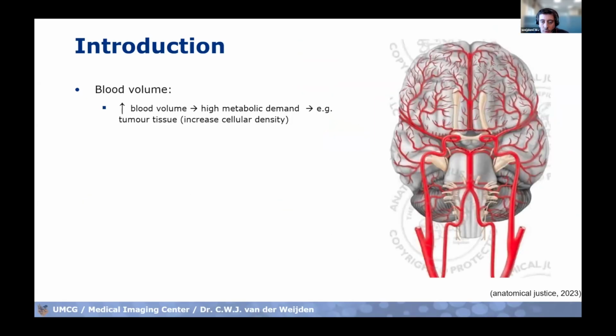Blood volume tends to increase when tissue has a higher metabolic demand and decrease upon reduced metabolic demand. Hence, blood volume is often increased in tumor tissue as an increase in cellular density causes an increase of metabolic demand, and blood volume is decreased in neurodegenerative diseases as tissue loss reduces metabolic demand.